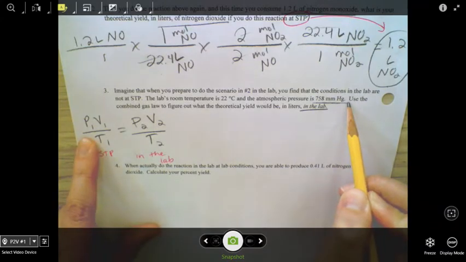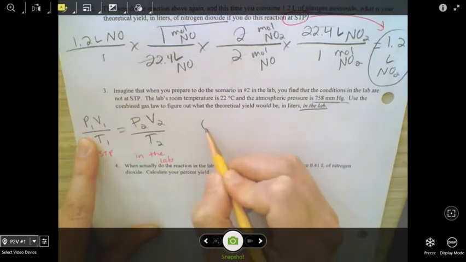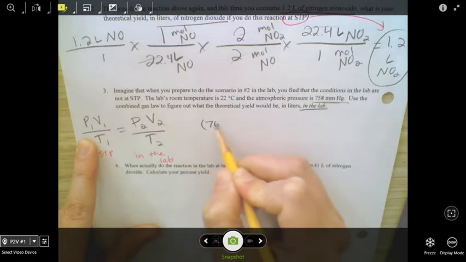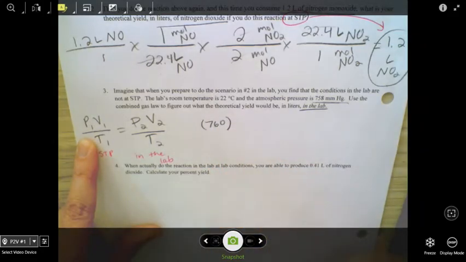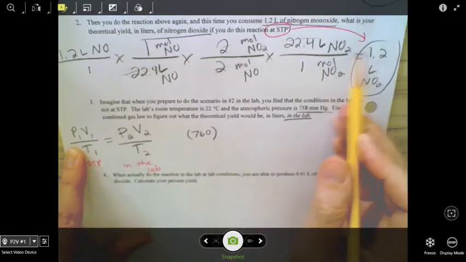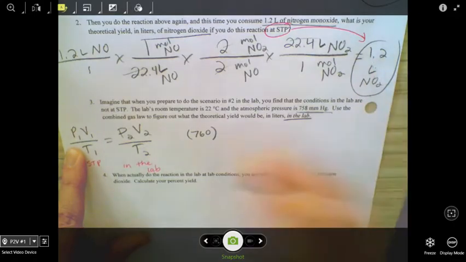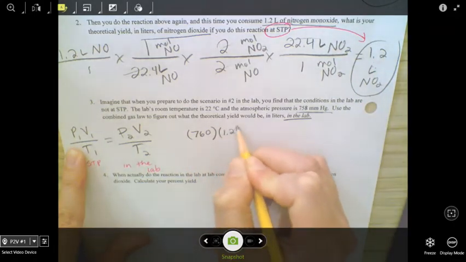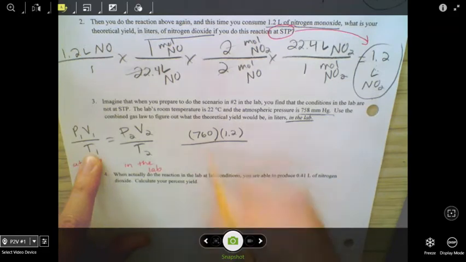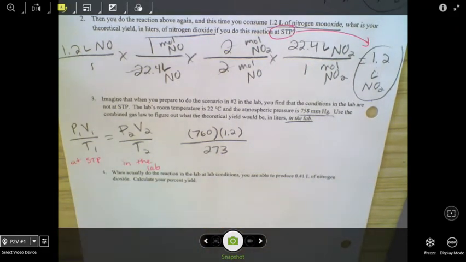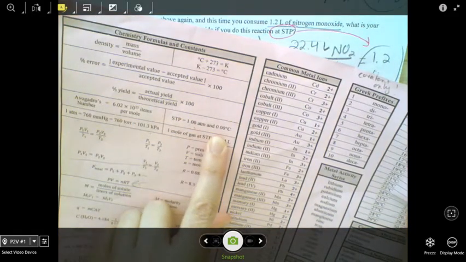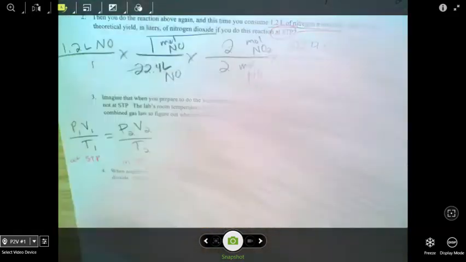So let's do the pressure at STP in mmHg, which is what, everyone? 760, okay? The volume at STP, the theoretical yield at STP is this 1.2 liters. And the temperature at STP is obviously 273, okay? So remember STP, if you ever forget, it's on here. 0 degrees Celsius, add 273 to get Kelvin.